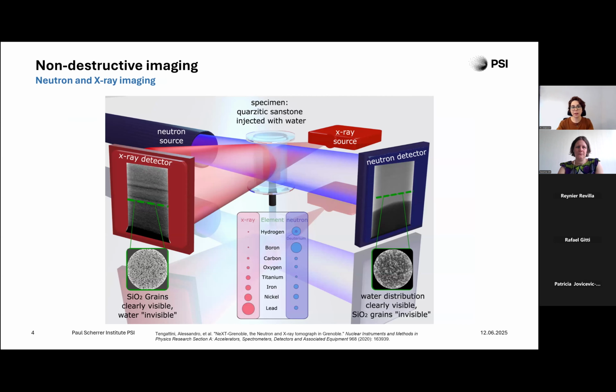In many applications, it's nice to combine neutrons with X-rays, because X-rays excel mainly at imaging high-Z elements like metals, ceramics, composites, while neutrons are uniquely sensitive to light elements like hydrogenous materials such as water or polymers, even if they're buried deep in metals. So by combining both beams, both modalities, we can capture a fuller picture of multi-phase, multi-material systems.